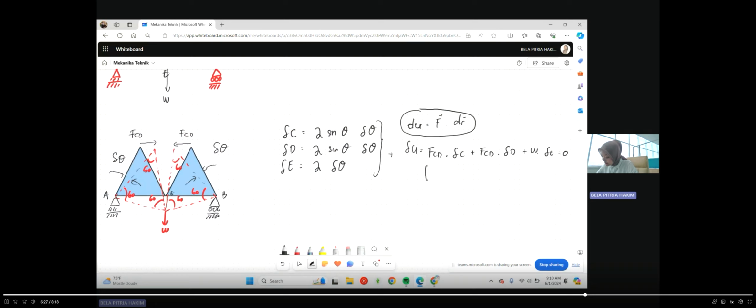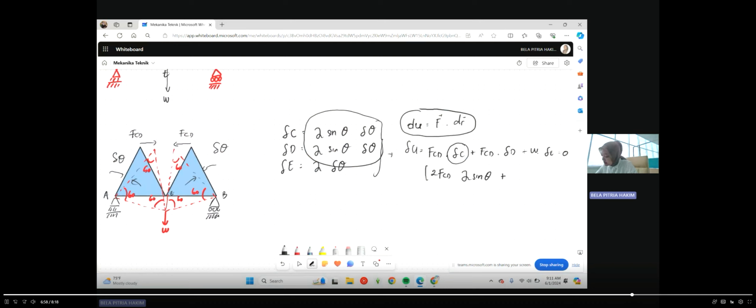But here there are two F_CD, and also the rotation of C and the rotation of D that we already know, which is A sin theta times rotation theta, plus W and the rotation on E.